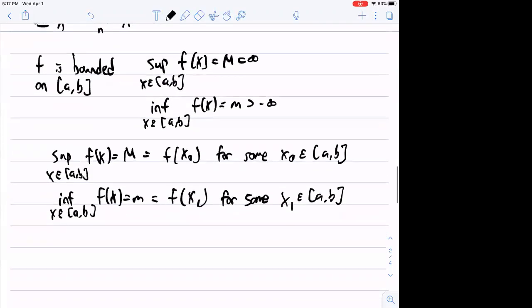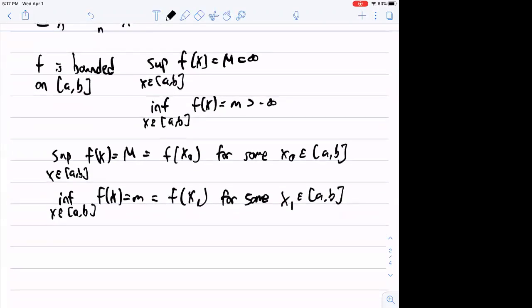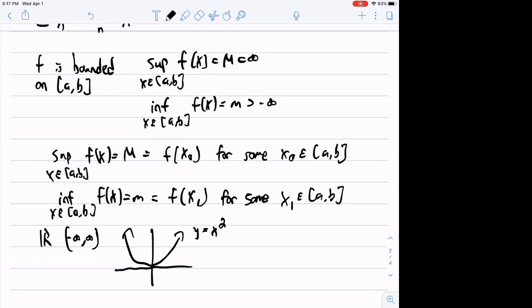Note the bounded interval is important, because if I take just an unbounded interval, say R, negative infinity to infinity, even a function like y equals x squared, one of the nicest functions, has no upper bound.